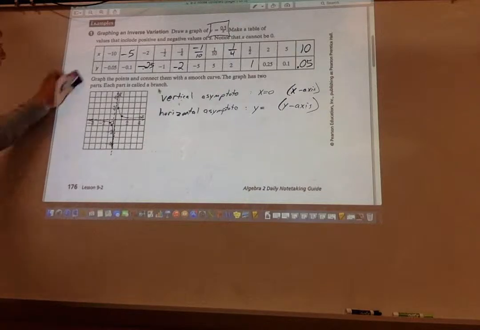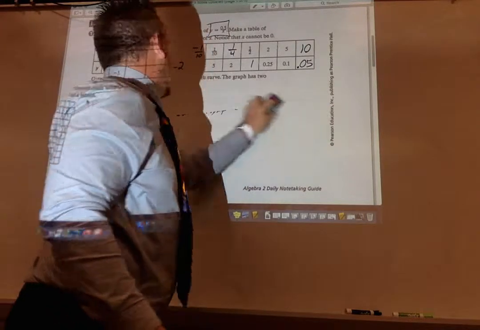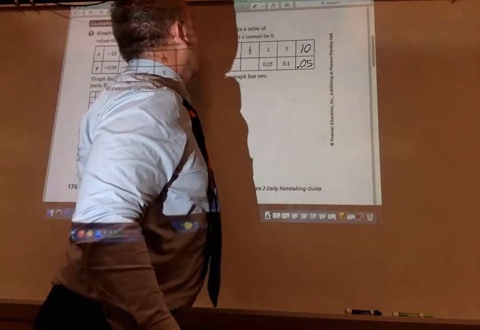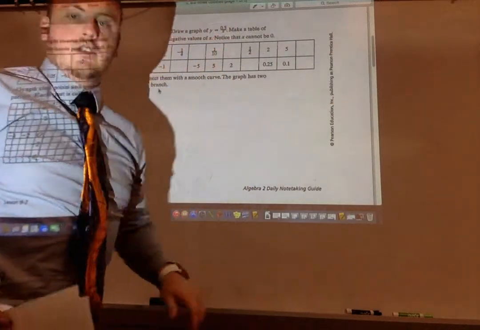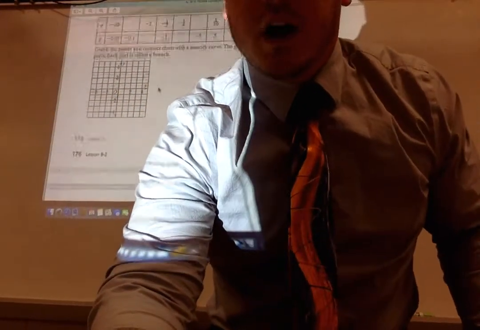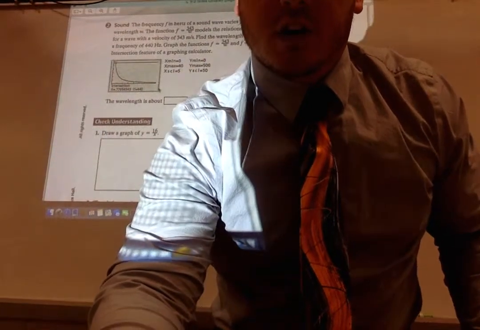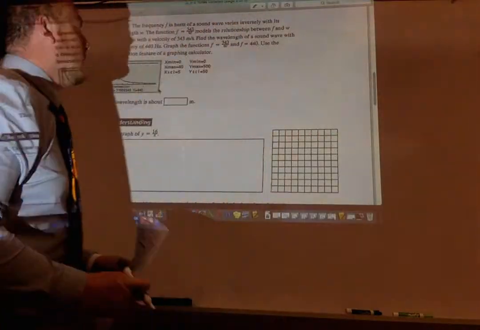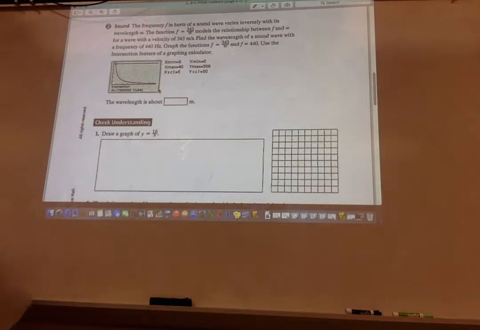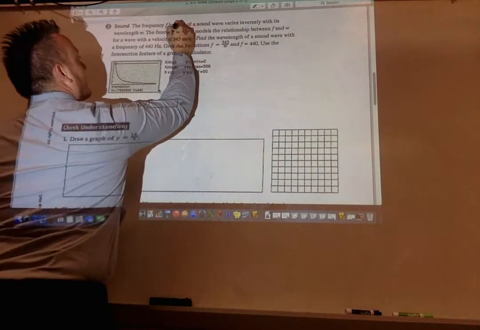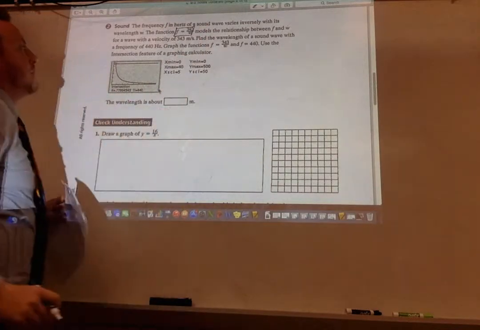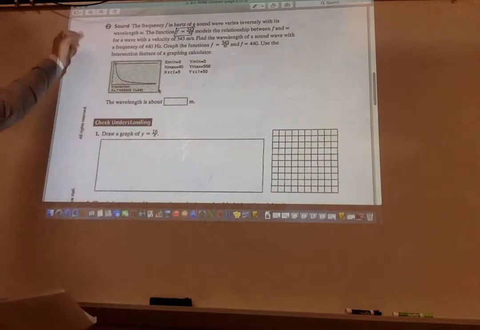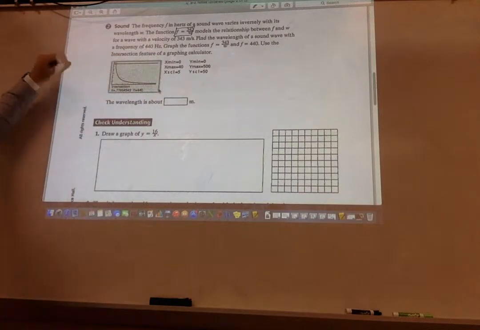All right, next examples. On the videos, if you ever get stuck, you can always go back and see something a second time or a third time. So example number 2, they give us this equation, F equals 343 over W. 343 is the velocity, okay?